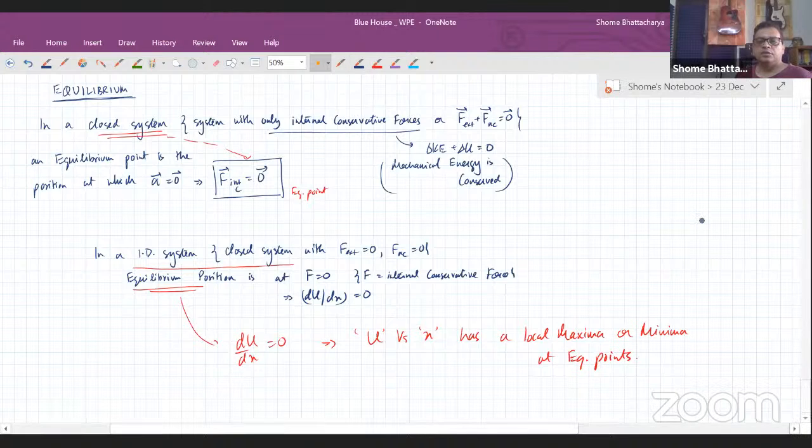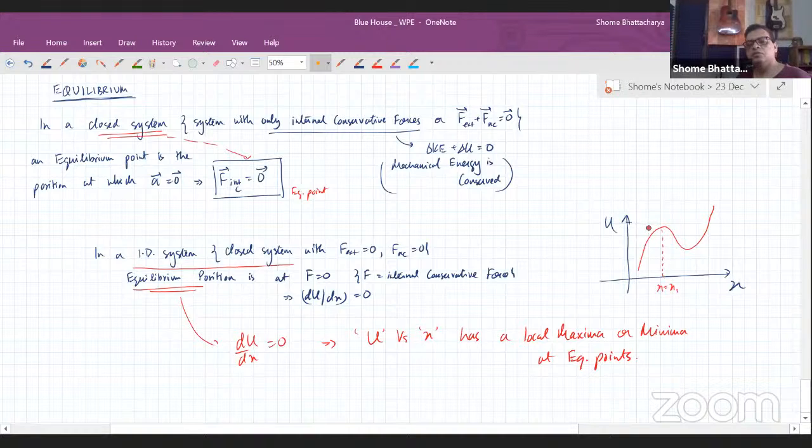So in terms of graph theory, it means that if this is your potential energy versus x graph, then suppose at this point we have a local maxima and at this point we have a local minimum.